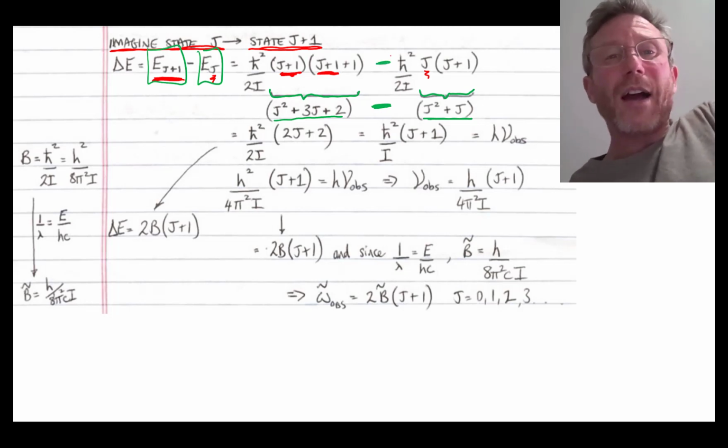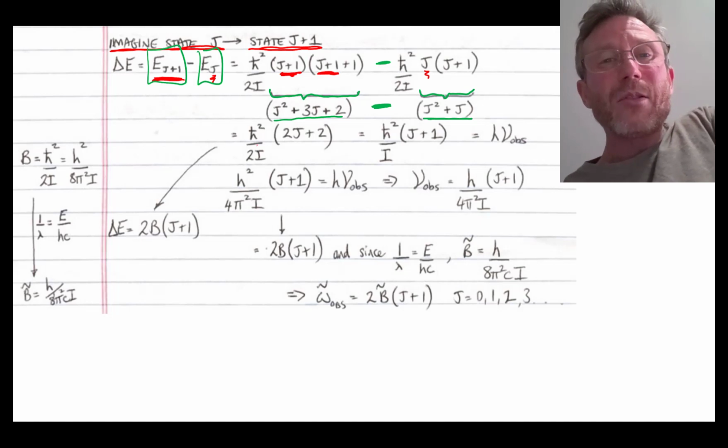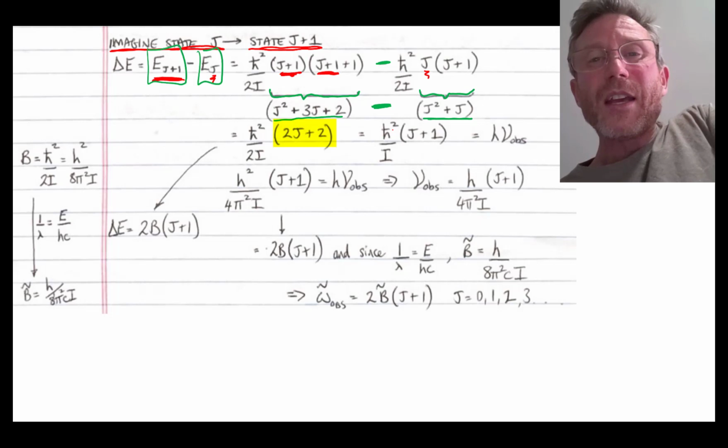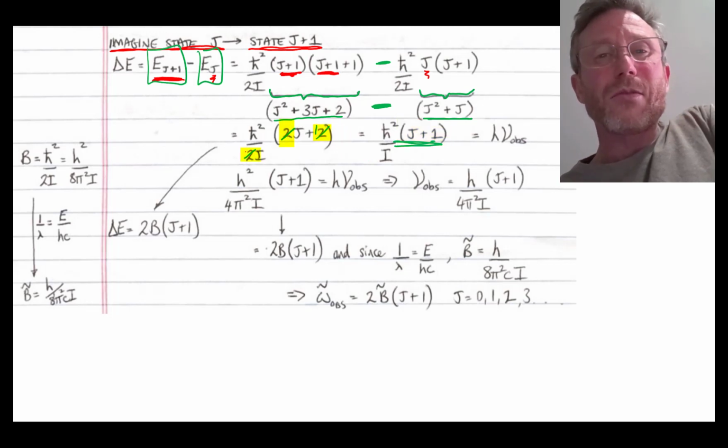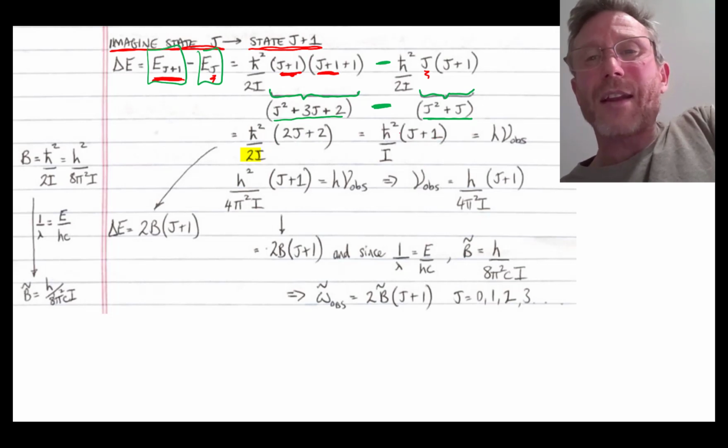When I do that, I end up with a value of h bar squared over 2I multiplied by, in brackets, 2J plus 2. In this next piece, I've just brought the 2 out, and I've cancelled these 2's with the 2 down here. Okay, and that's how I've ended up getting this expression.